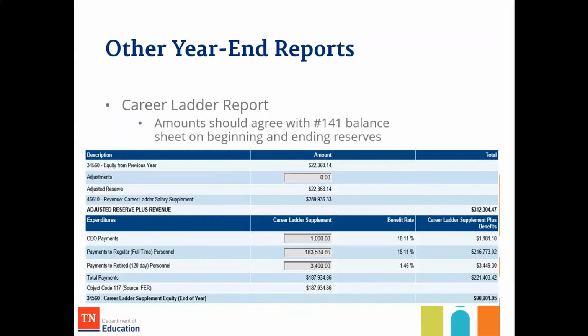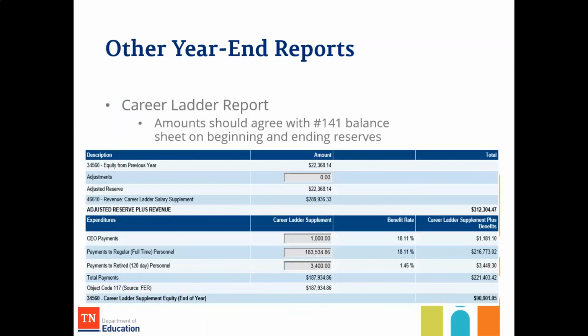So be sure that it's correct on your report, because we want to be sure that this other year-end report is correct, because this is what we look at in order to know what you need to be paid during the school year for career ladder payments. So you'll put all your data in here, your CEO payments, your payments to regular personnel, your payments to your retired.